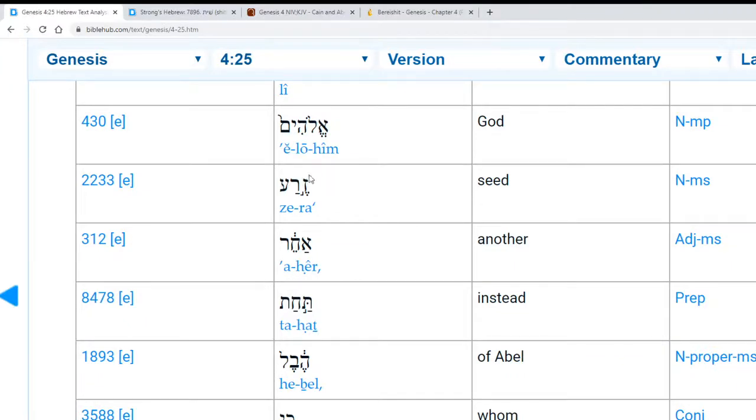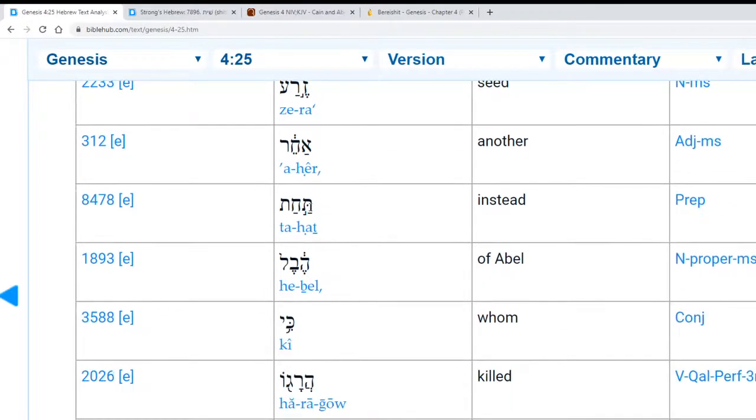Zera, we've had many times before, is seed. Acher, another. Tachat, meaning underneath. Tachat Hevel, it's actually in the construct, I believe. Tachat means underneath. Tachat Hevel, so instead of Hevel, right? And that is a common formulation.